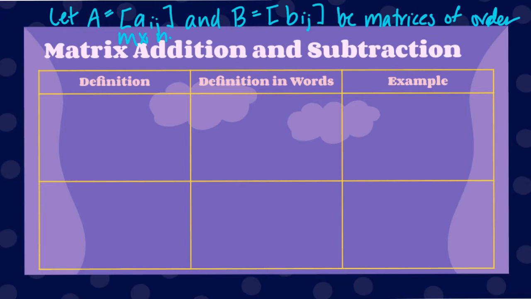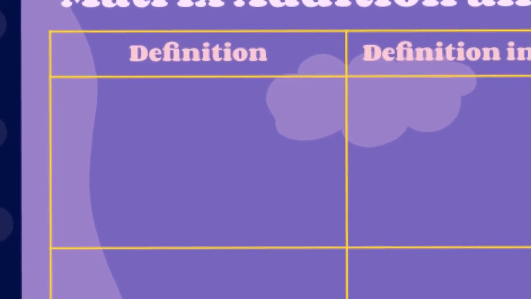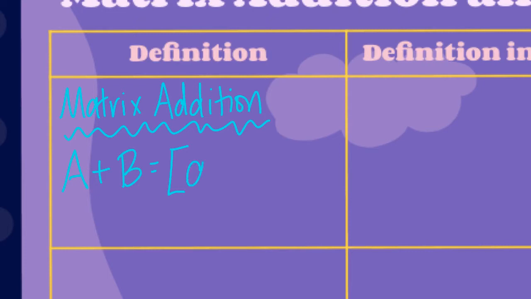So in more depth, we are going to define matrix addition using symbols. When we define matrix addition, we need to just say A plus B, because A is the first matrix and B is the second matrix. And that equals A sub ij plus B sub ij.